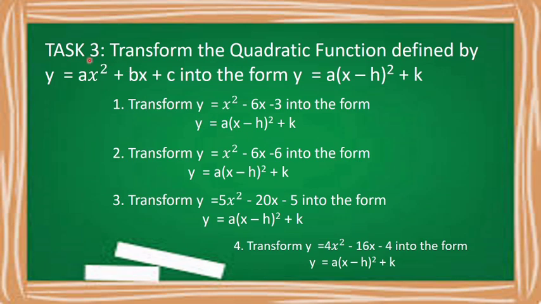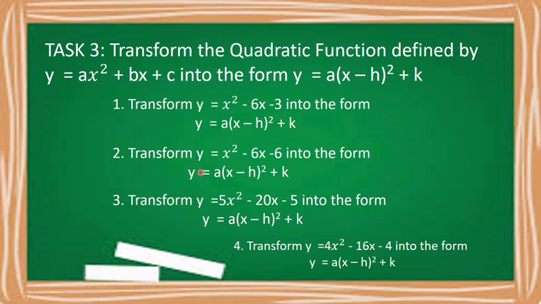Task 3. Transform the quadratic function defined by y equals ax squared plus bx plus c into the form of y equals a times the quantity of x minus h quantity square plus k. We have 4 numbers. Number 1, y equals x squared minus 6x minus 3.